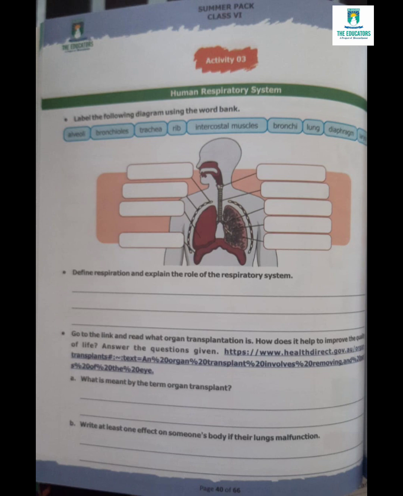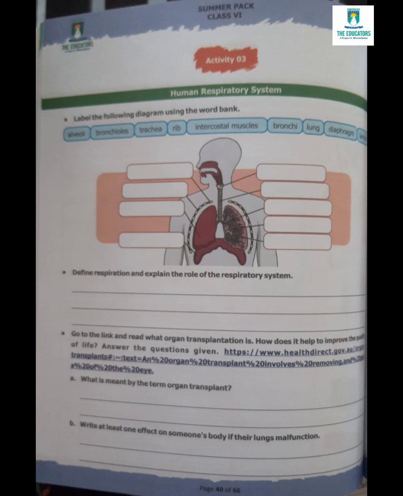Activity number 3 is the human respiratory system. Its first point is to label the following diagram using the word bank. Our next question is, define respiration and explain the role of the respiratory system. As we know, respiration is very necessary for us to survive. Respiration is the intake of oxygen and the removal of carbon dioxide from our body.